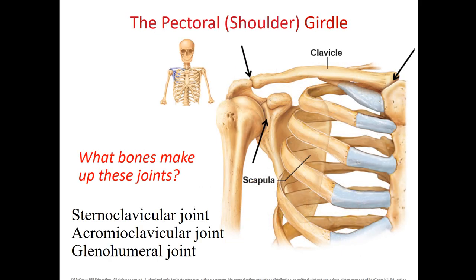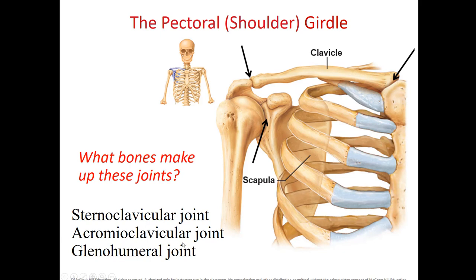Looking at your pectoral girdle, that is composed of the clavicle and the scapula. When we look at these joints, keep in mind the names of the joints typically are the names of the bones put together or the bone markings. So if we look at the sternoclavicular joint, it is right up here between the clavicle and the manubrium of your sternum.